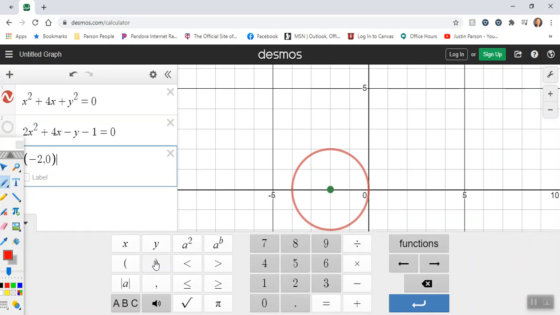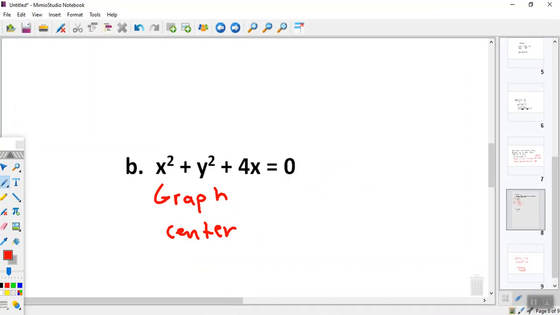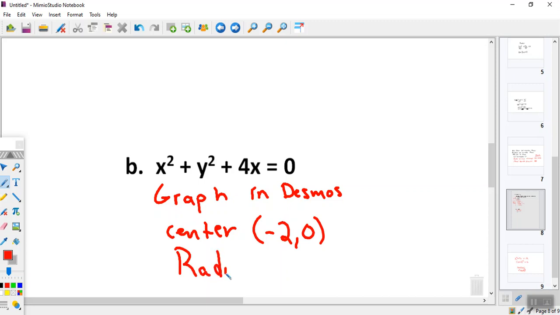Well, the radius would be how long then? 2 units, right? All the way around there? Good. So, if you see anything that says completing the square, probably what do I want you to do? Graph it. We know that in this one here, the center turned out to be negative 2, comma 0. And after that circle, what was the radius again there? Okay, this is a whole other lesson for a whole other day, so I'm not really too worried about this.